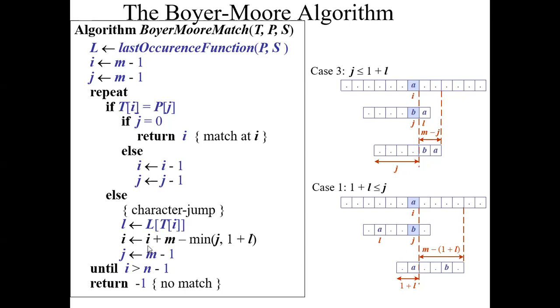This L will increment the value of i as either i plus m minus j or i plus m minus 1 plus l. So i plus m minus j is this location where the mismatch happened here, and what are we trying to do?